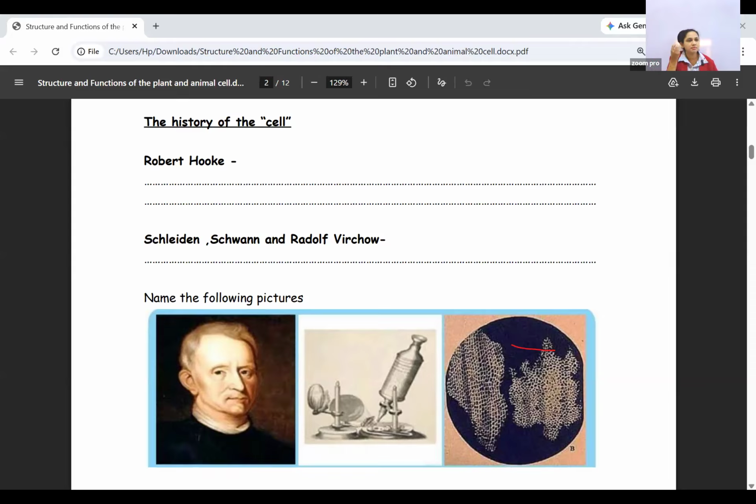The bees are living in that beehive, so the chambers of bees are somewhat like hexagonal shapes, hexagons. Those structures he saw, but he hasn't seen the interior side. Just the shape of the cell he saw, somewhat like a beehive shape, right? So better we write that part later.